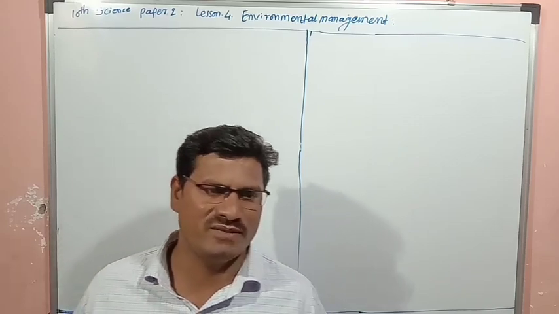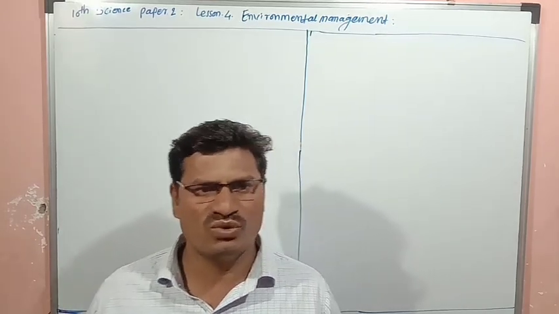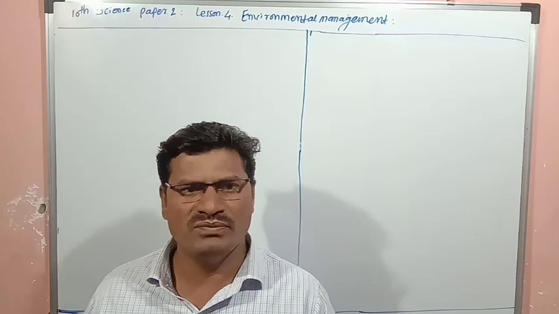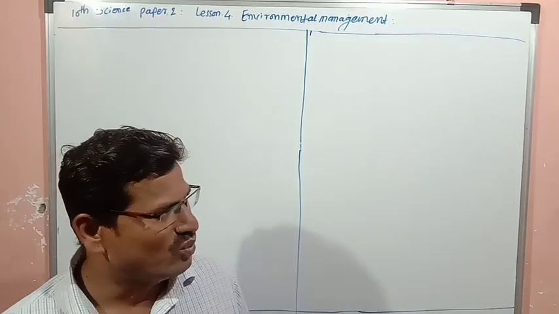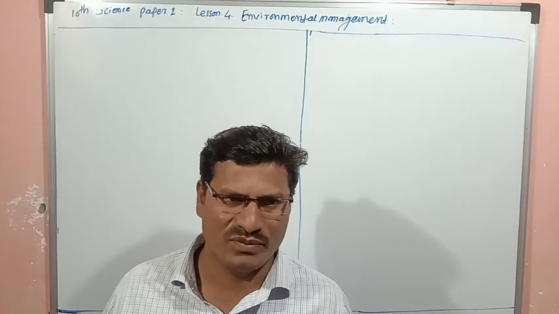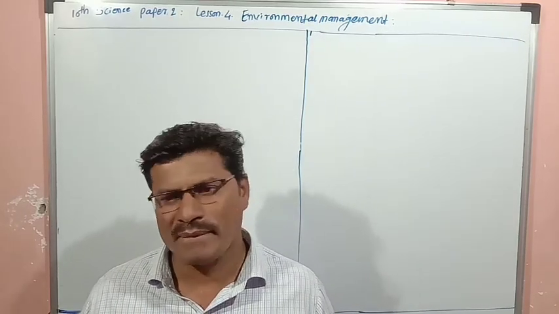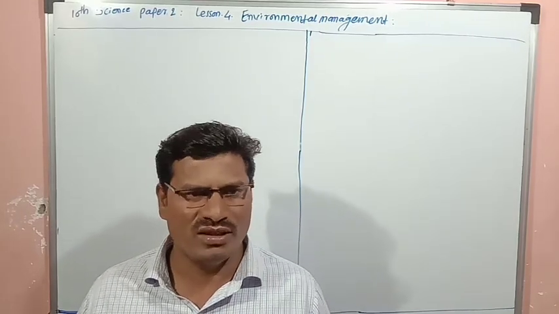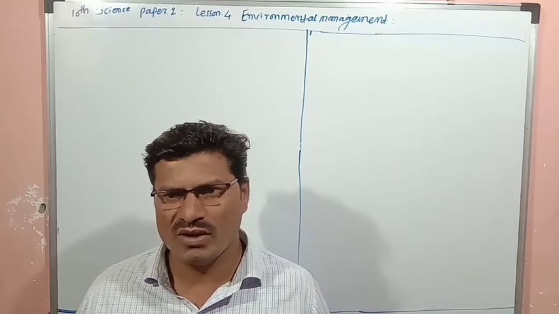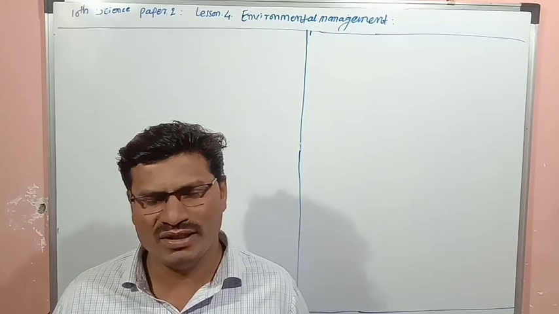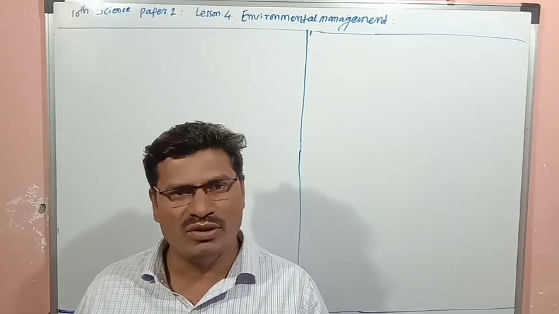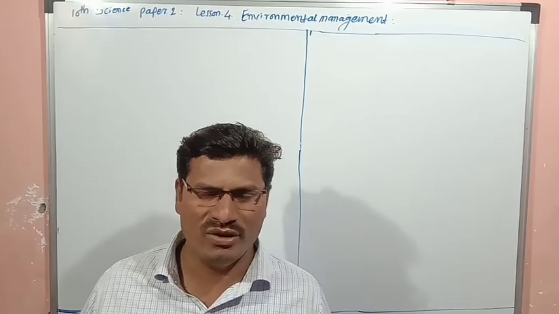The first question is: what is an ecosystem and which are its different components? In the ecosystem there are different points. Some living organisms and non-living things are present in our surroundings. Living things are called biotic.